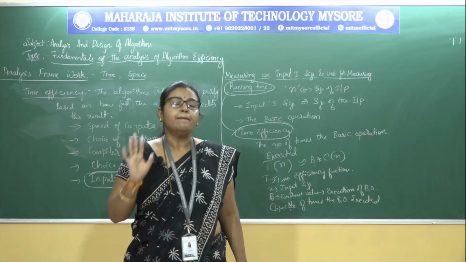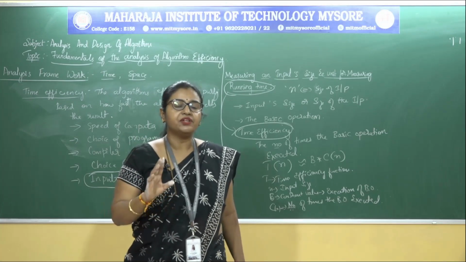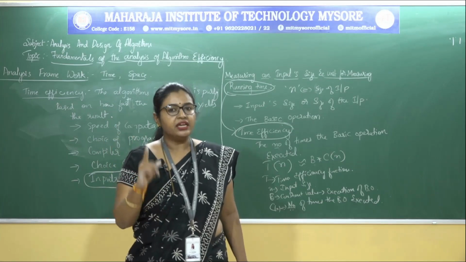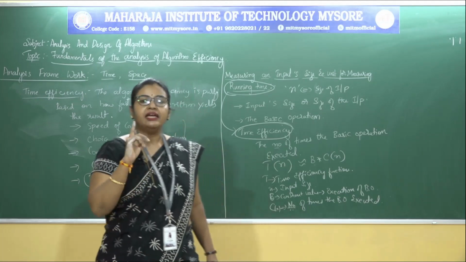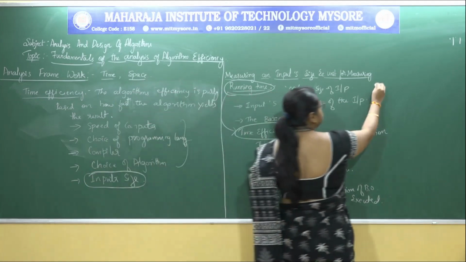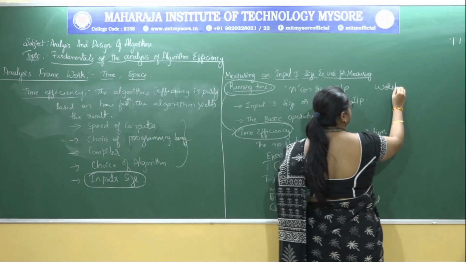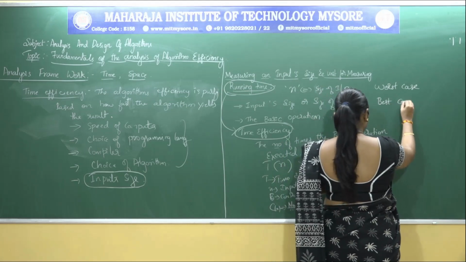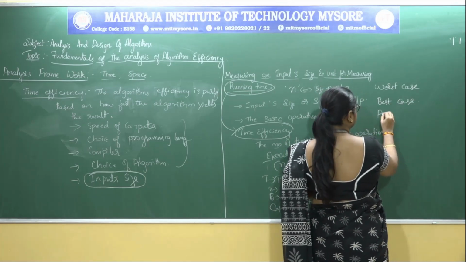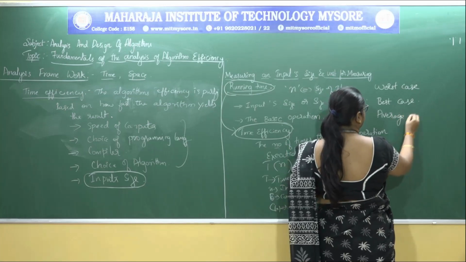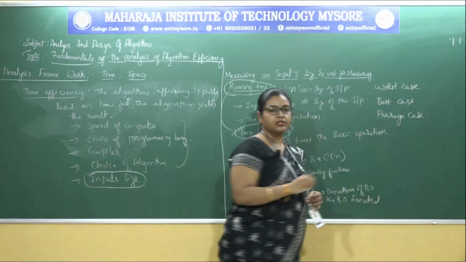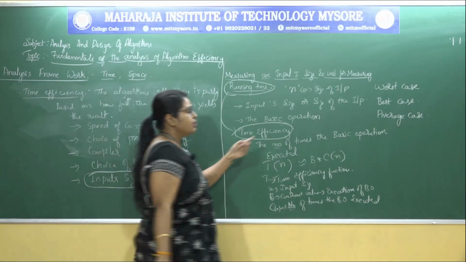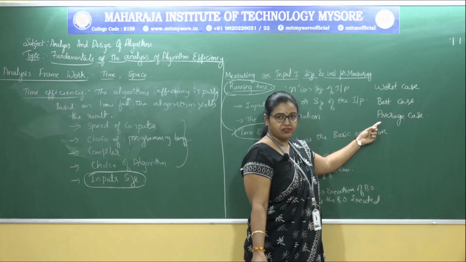If your algorithm efficiency is also based on some other factors, then you need to calculate the time efficiency in terms of worst case, best case and average case. So you need to talk in terms of three terminologies: worst case, best case and average case.